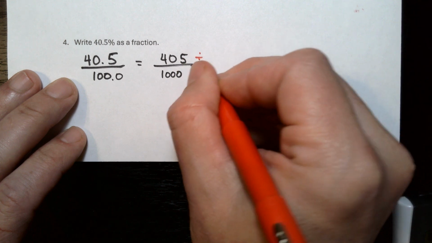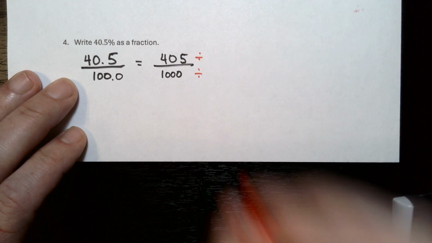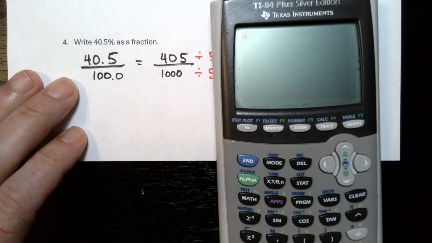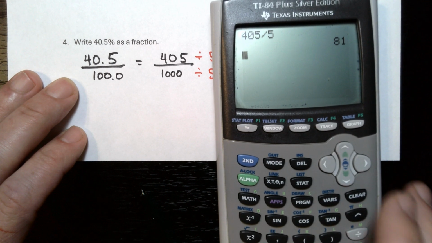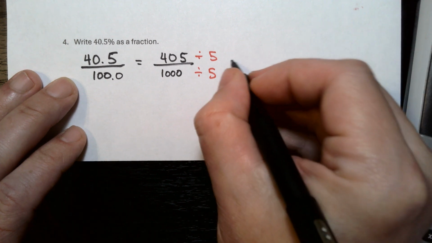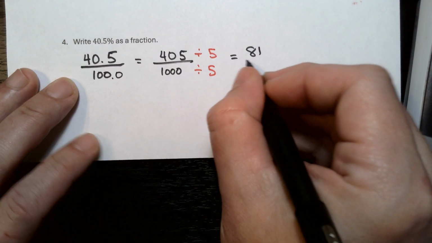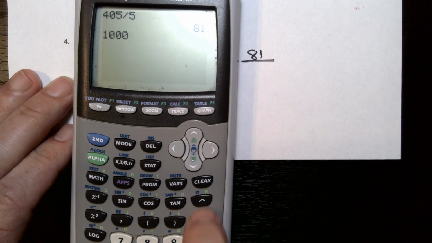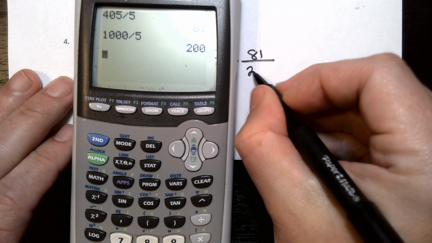They both end in either a 5 or a 0, so I know 5 works. Divide by 5, divide by 5. Okay, so 405 divided by 5 gives us 81. And then 1,000 divided by 5 gives us 200.